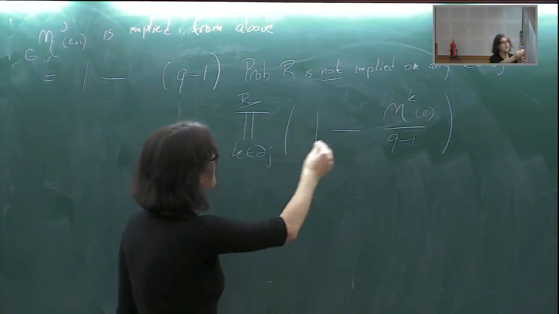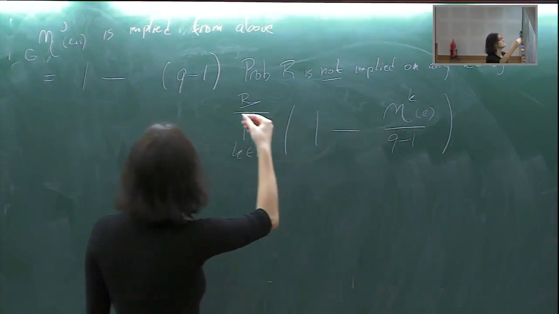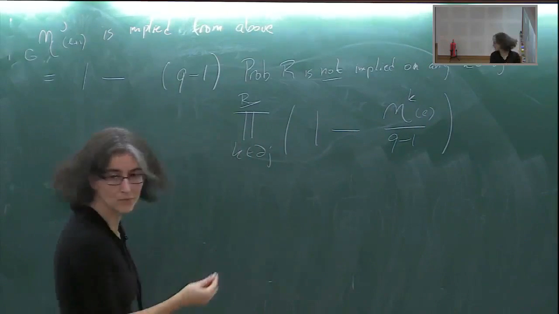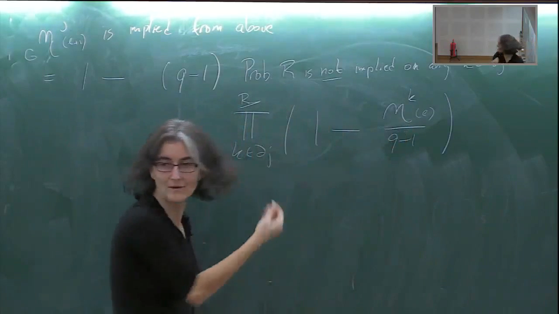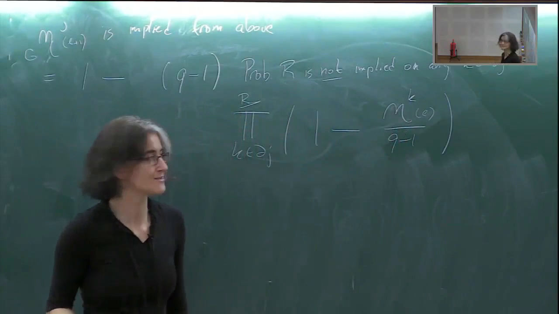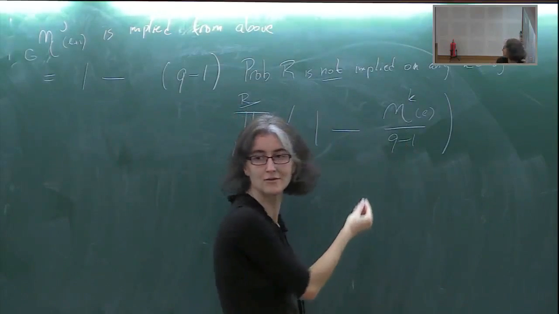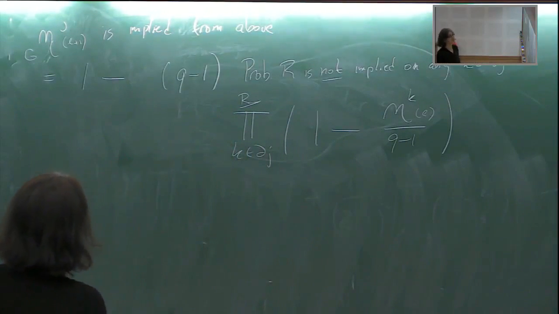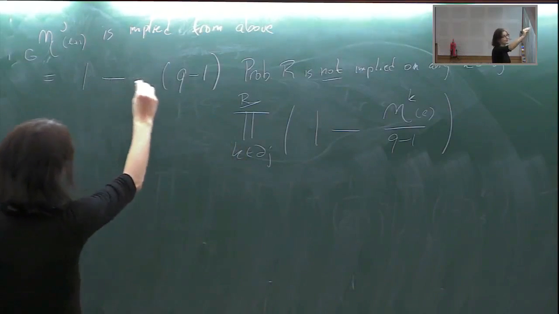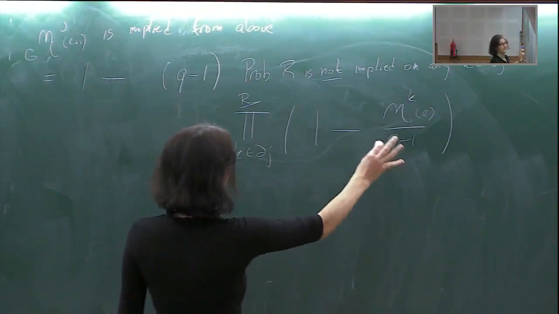If this given node in the construction process we put green, red, blue, well, then it doesn't matter here. Then it is never implied in red because it was blue in the first place. So that's why we must divide by q minus 1 here. But that's it.